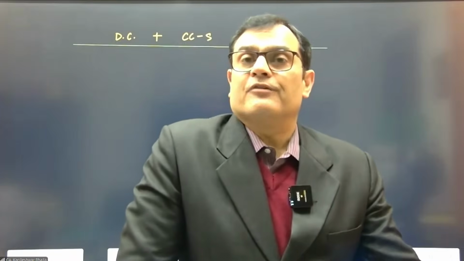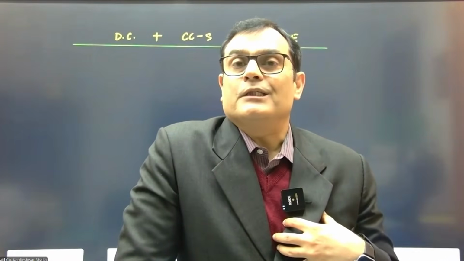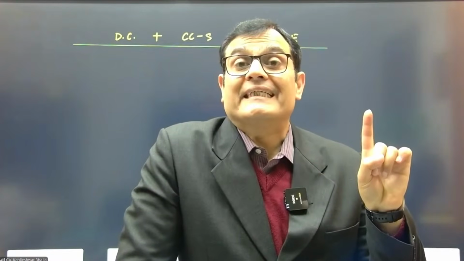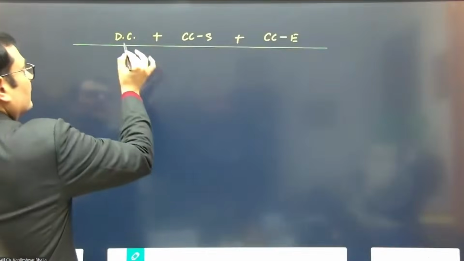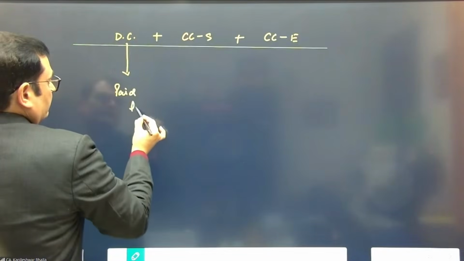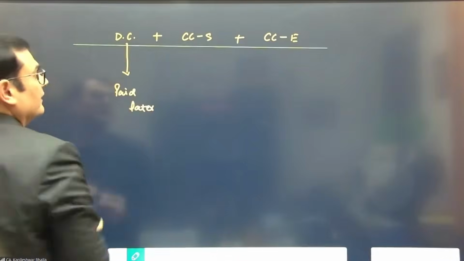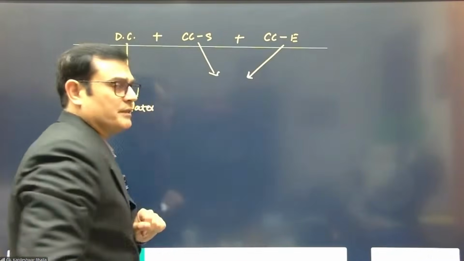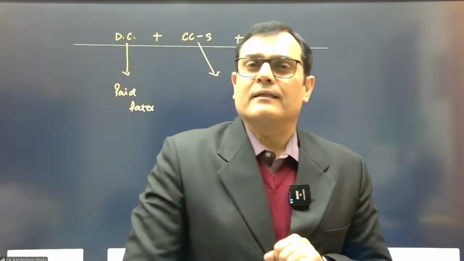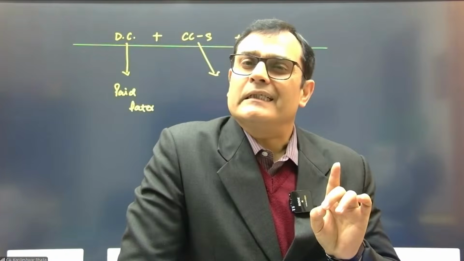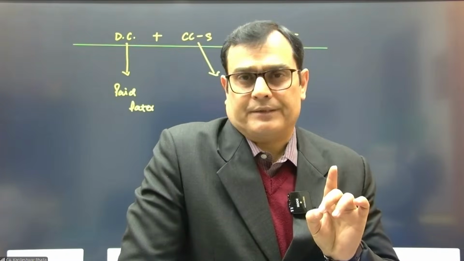Now, when I say a deferred consideration, the acquirer tells the shareholders of the acquiree that I will pay you at a future date. This means it is paid later. As far as a contingent consideration is concerned, the acquirer tells the shareholders of the acquiree, I will pay at a later date if certain conditions are met.